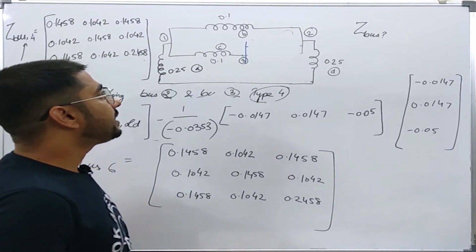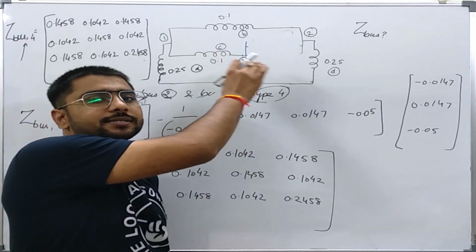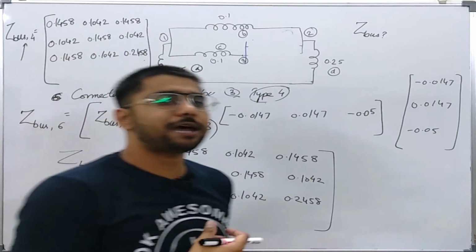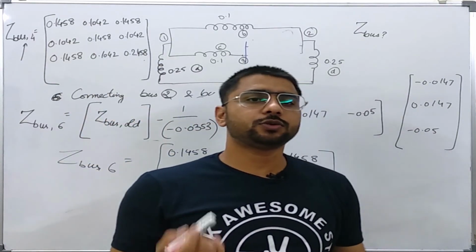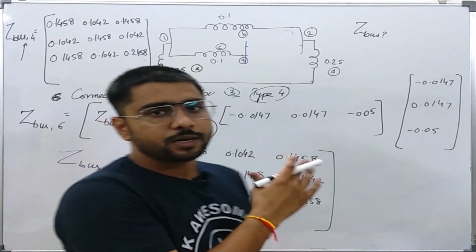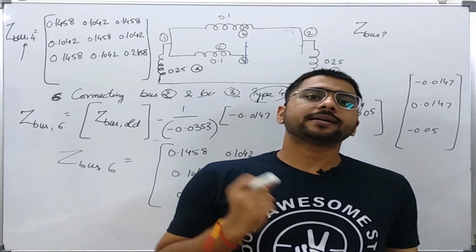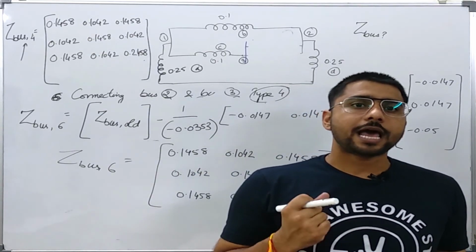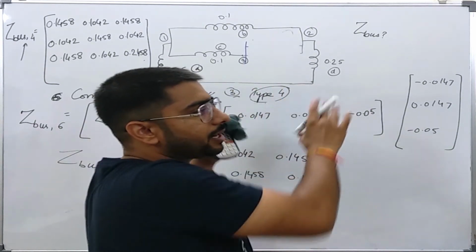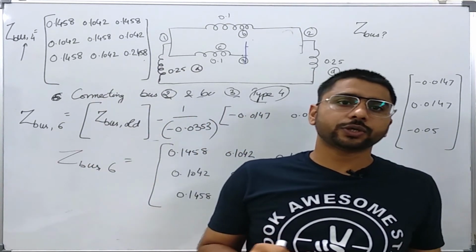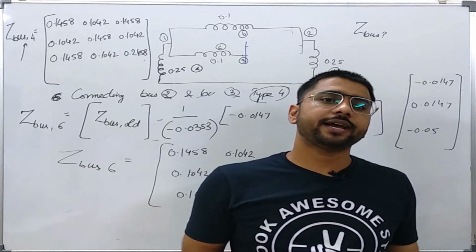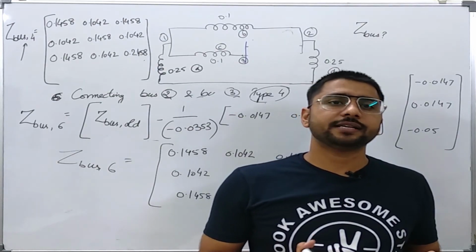So removing a line is equivalent to just adding a line having an impedance equal and opposite to that of the line. In this way we have shown how to utilize the bus impedance algorithm to find the bus impedance matrix for the complete network. And one more concept was shown, that removal of a line is just equivalent to adding a line having an equal and opposite impedance.